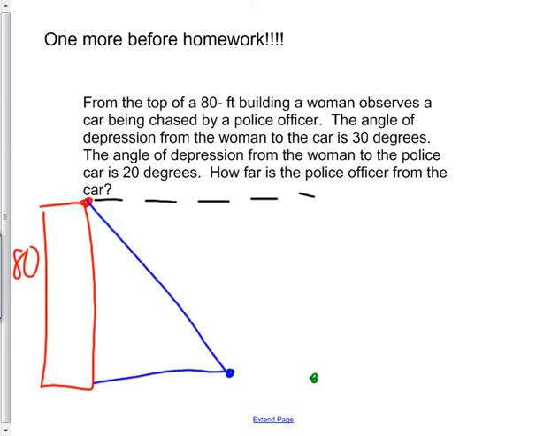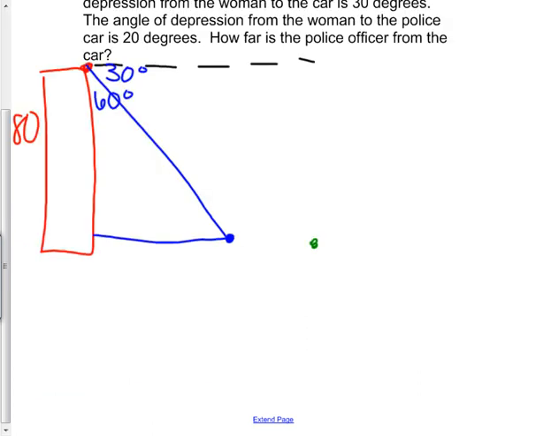I want to draw that better. Remember, that would be your angle of depression, right? So the angle we're actually working with is 60. In your calculator, you're going to need to do tangent of 60 degrees.